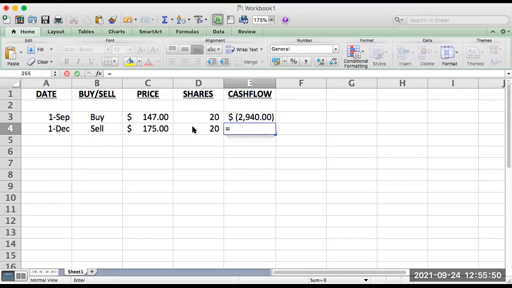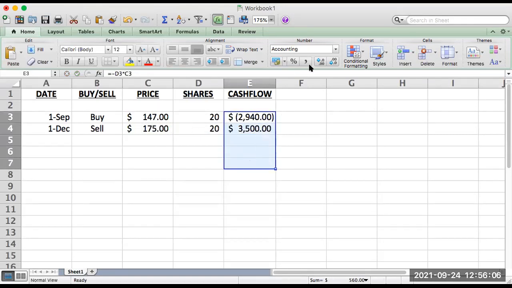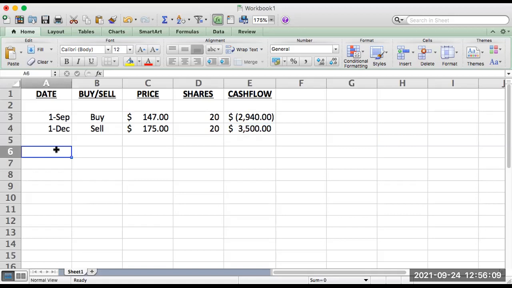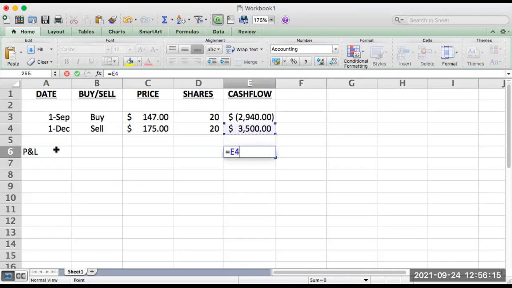Now, since we're selling stock, we give up stock, we receive cash in exchange. So this is going to be a positive cash flow, 20 times 175. So our profit and loss is simply going to be the sum of these two numbers.